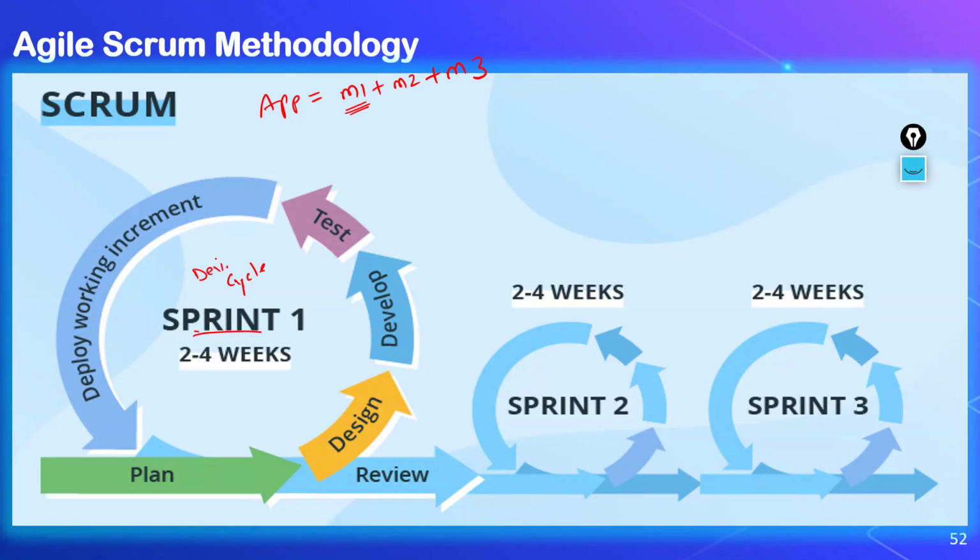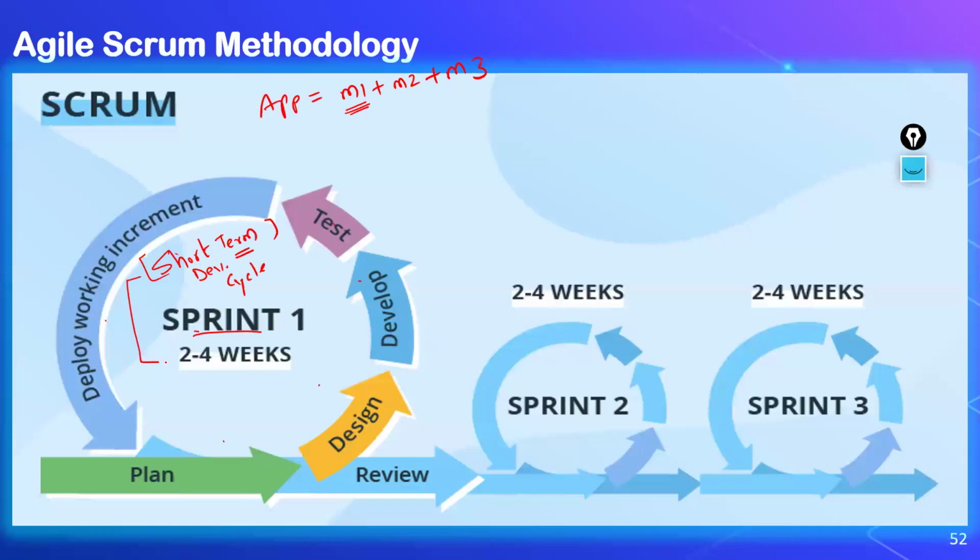I call it a short-term development cycle because it has all the development cycle activities like planning, designing, development, testing, deploying, everything is here, but it is a very short duration.